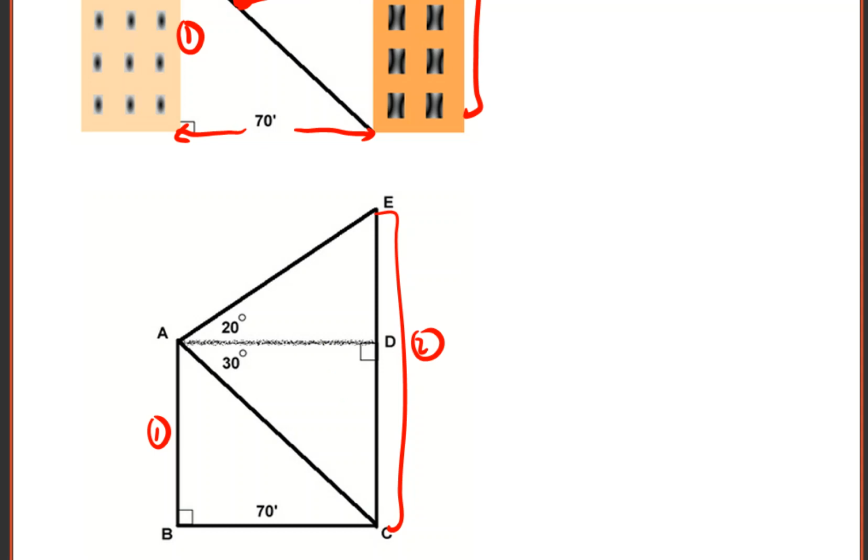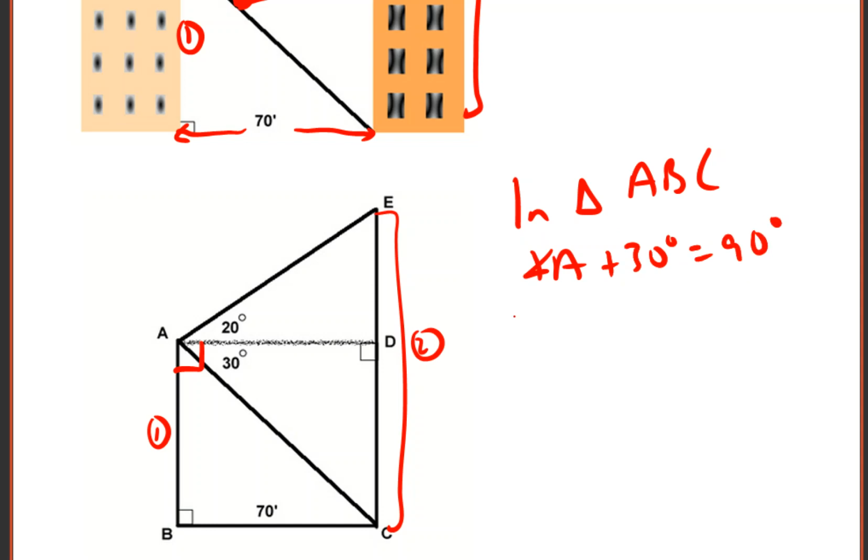So let's focus on the bottom triangle for a minute, because we're going to try and find this length AB. We know that this is a right angle up here. So we can find angle A: in triangle ABC, angle A plus 30 degrees should equal 90 degrees. That's this right angle here. So angle A must equal 60 degrees.